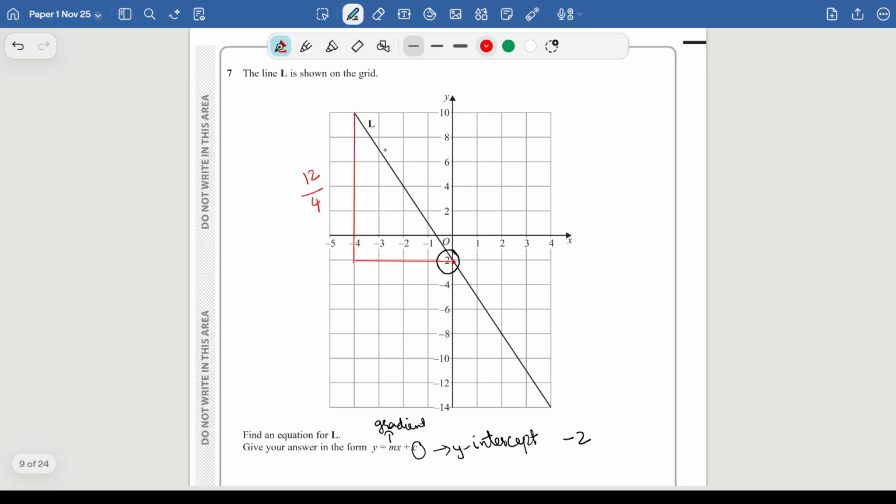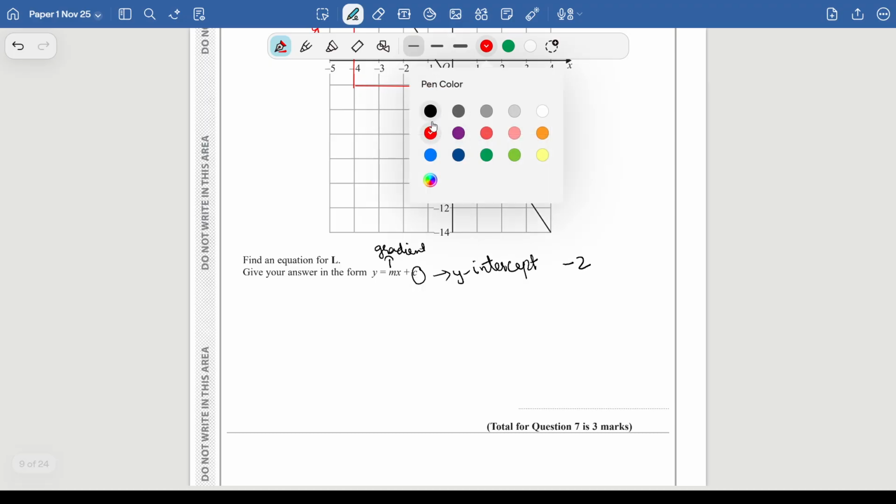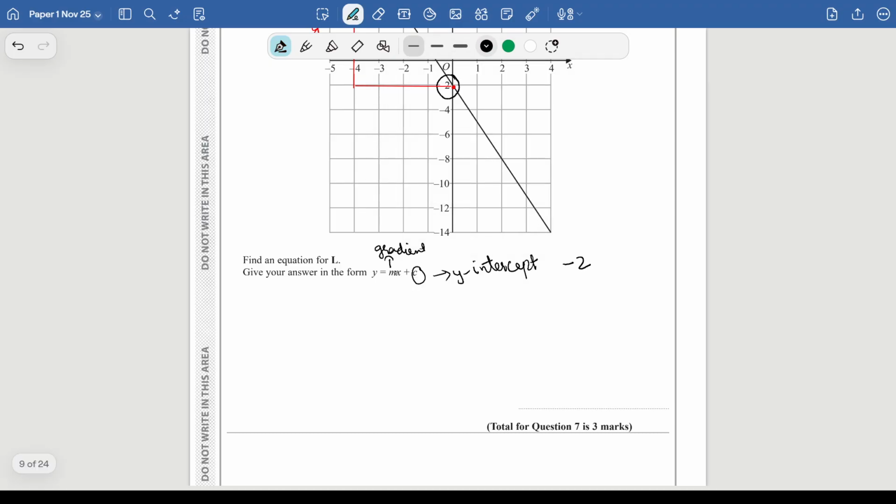But then we see the line is sloping downwards here. So that's a decreasing line. So this will be a negative slope. So 4 goes in 12 3 times. So the slope is -3. So we got the gradient as -3. The gradient is -3 and the y-intercept is -2.